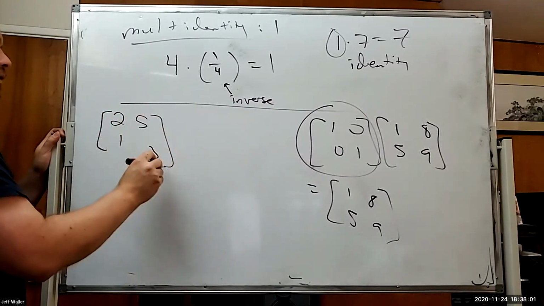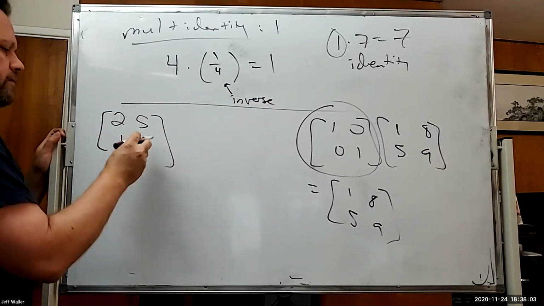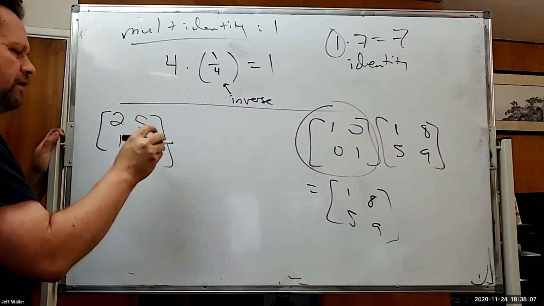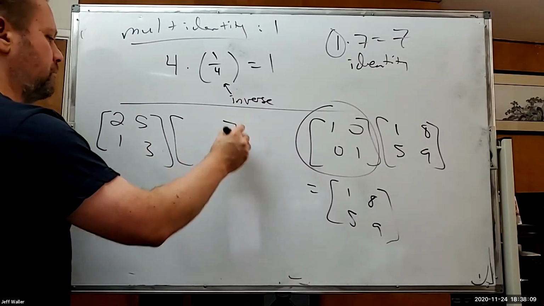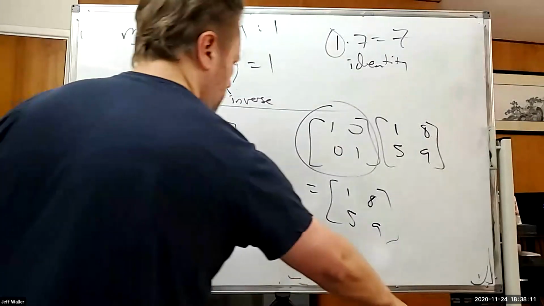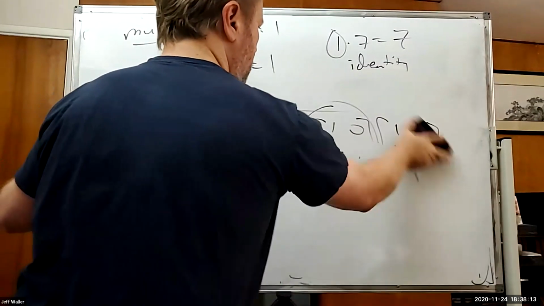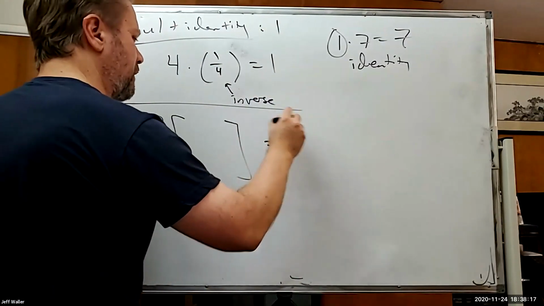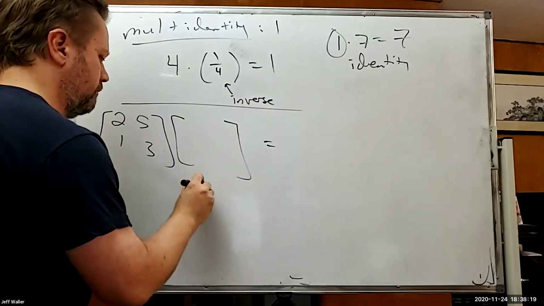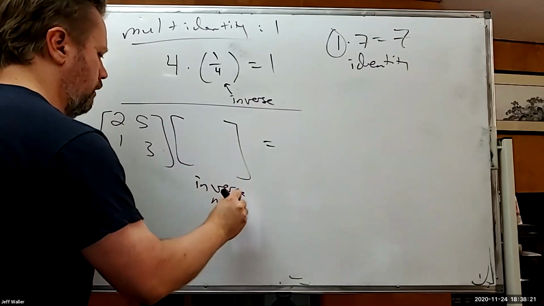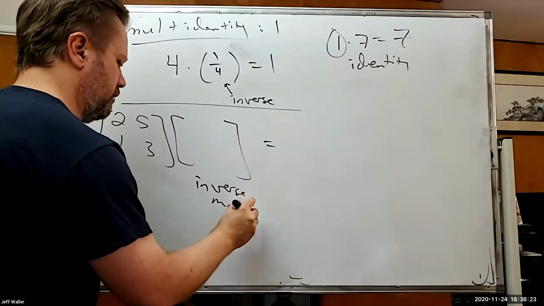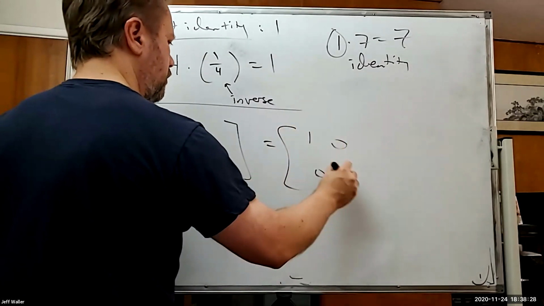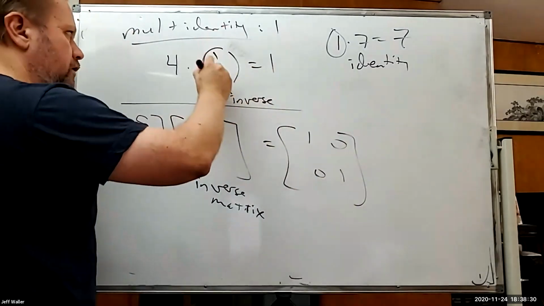Given some matrix, there might be another matrix I can multiply it by, an inverse matrix, so that when I multiply it, I get 1, 0, 0, 1. I get 1, just like there's an inverse number for 4.